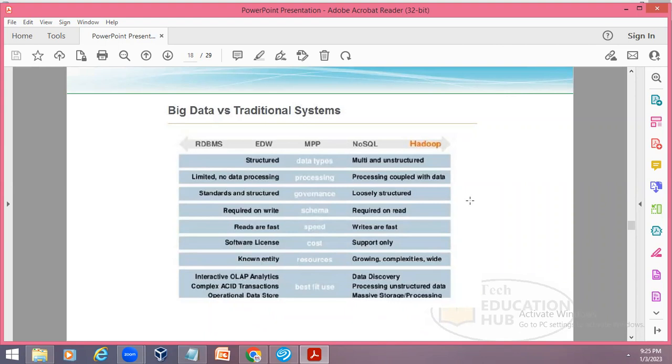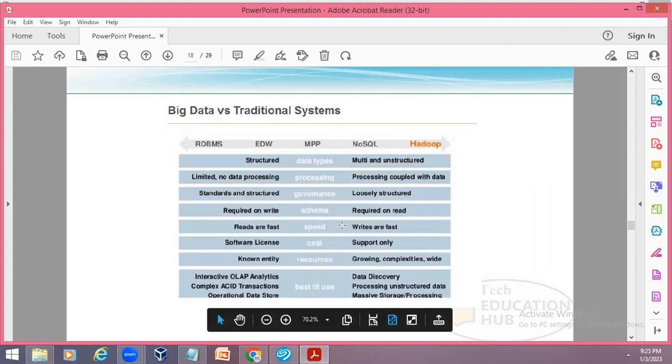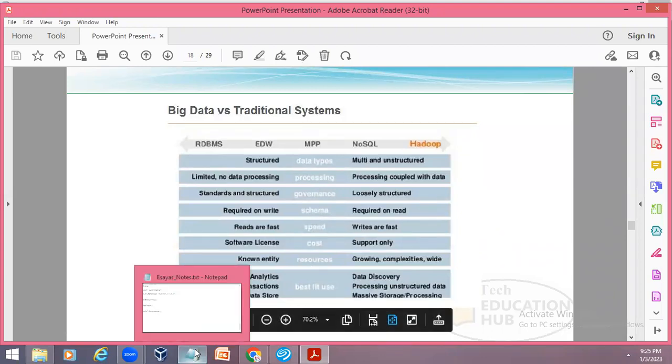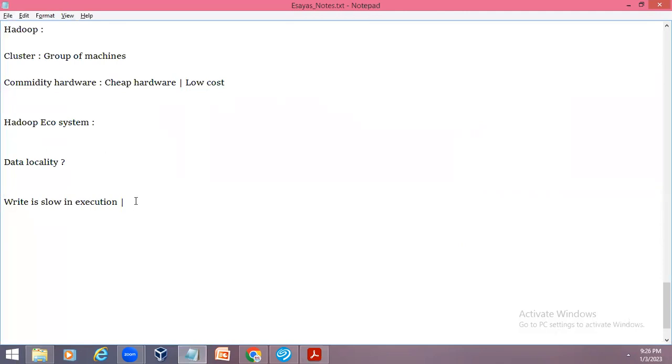But on the Hadoop structure, because it is not structured... Not exactly. I think I'm guessing that. Not exactly. Okay, but in the Hadoop system, reads are fast.